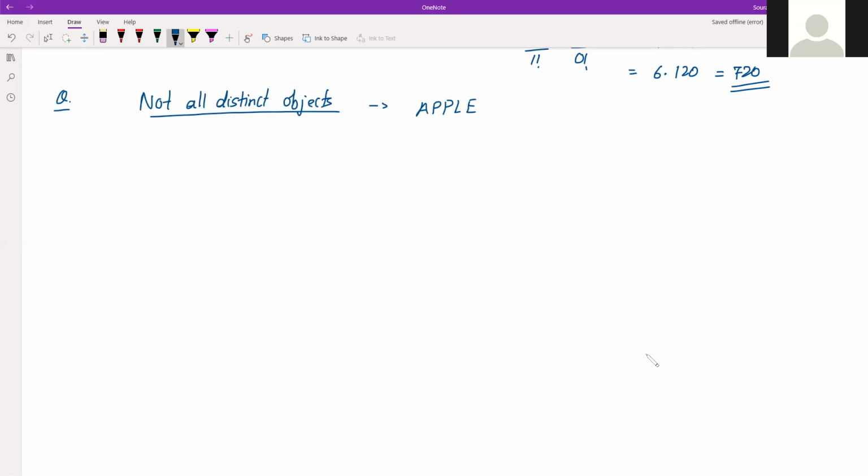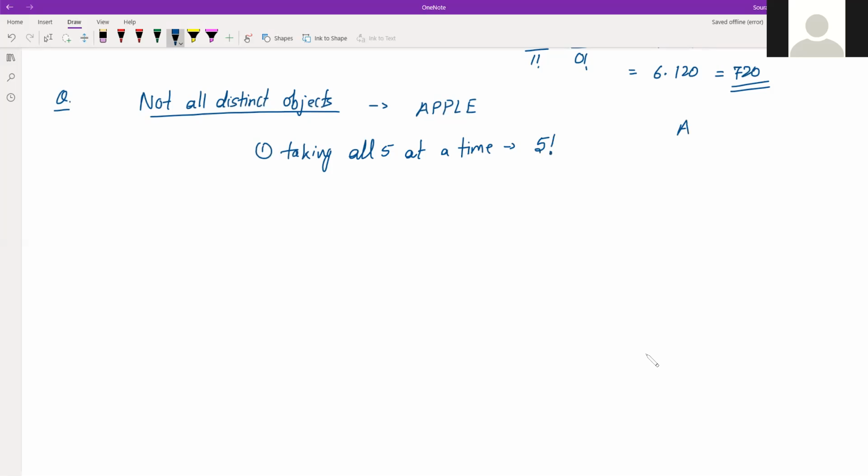If it is like this, suppose our question is taking all 5 at a time. There are 5 letters there, so that should have been 5 factorial. Any doubt in that? But the problem here is these 2 P's.